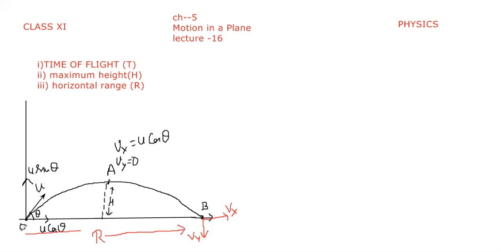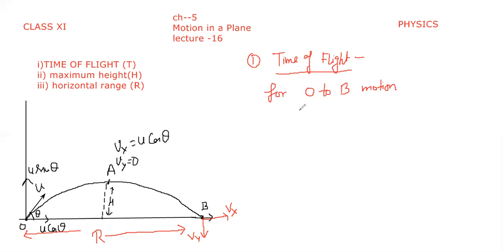So capital H, capital T and capital R are clear to all of you. Now one by one I will discuss. All of you write the first heading, time of flight. For time of flight, we take O to B motion. The formula is v equals u plus at.